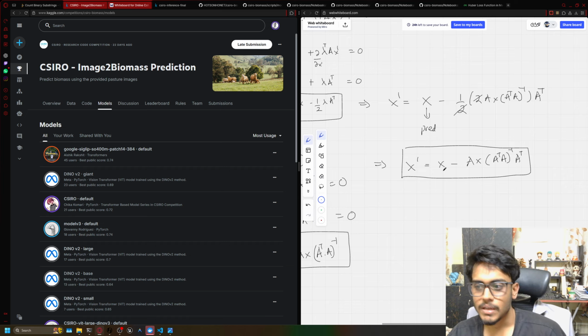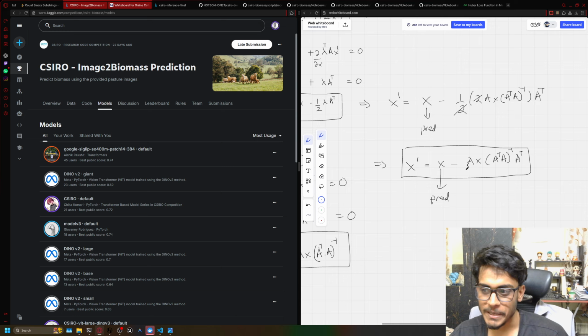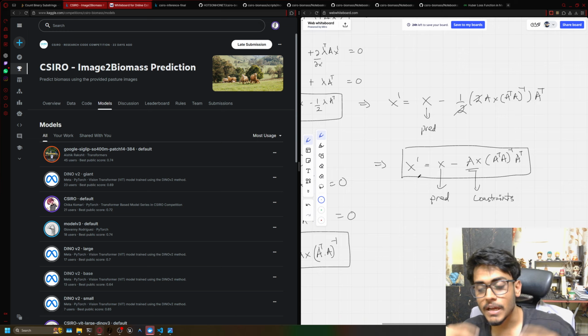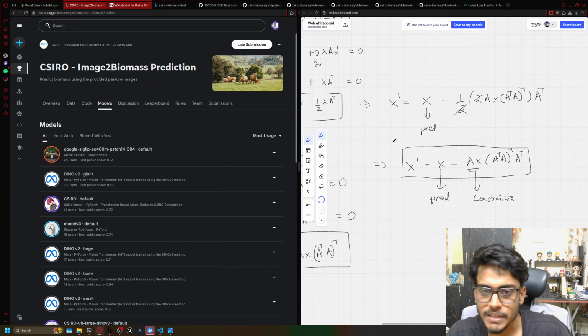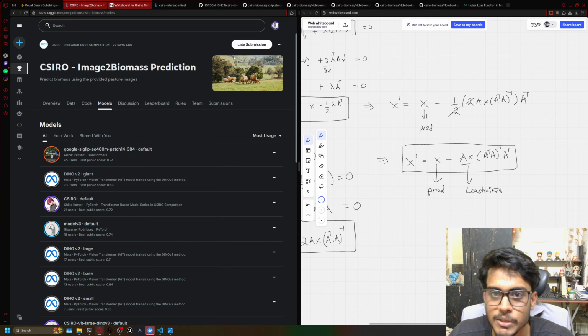So I know x, which is basically my model prediction, and I know this a, which is the constraints. Using this prediction and constraint, I can correct my model prediction so that it satisfies the mass balance equations.